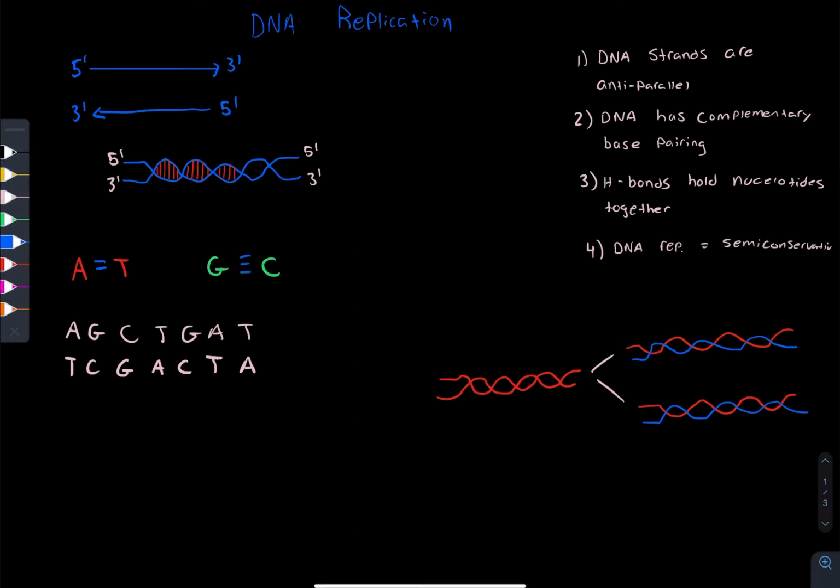So the more guanines and cytosines you have in your DNA molecule, that means it'll be stronger than if it were to have more adenine and thymine nucleotides bonding together, because of the simple fact that guanine has 3 hydrogen bonds, whereas adenine and thymine have 2 hydrogen bonds between each other.